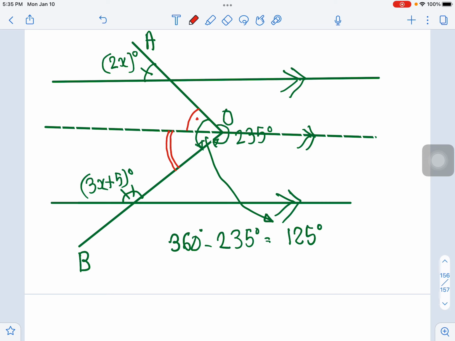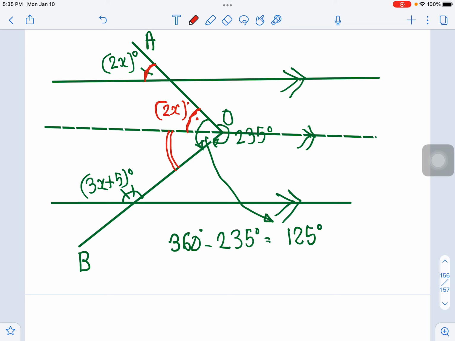This first portion of the 125 degree angle, which is this angle, is corresponding with the angle which is of the measure 2x degrees. Because these two lines are parallel and AO acts as the transversal, using the corresponding angles postulate, you can say this also is 2x degrees.